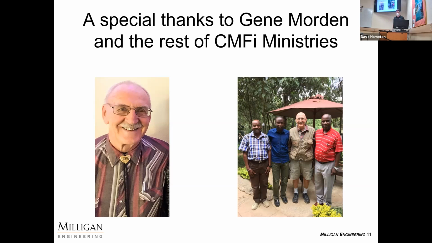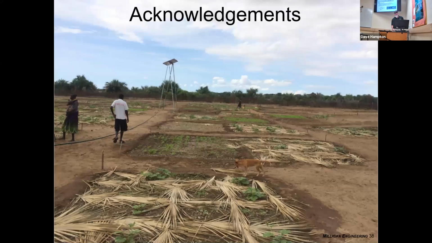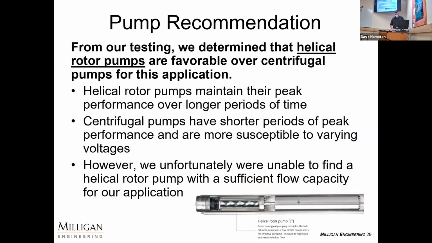Okay. Question on slide number 29, if we go back to that. I know you didn't choose helical pumps, but I don't understand why they maintain their peak performance over longer periods of time. Is that with the diminishing sunlight? Yes, so it's a positive displacement type of pump.